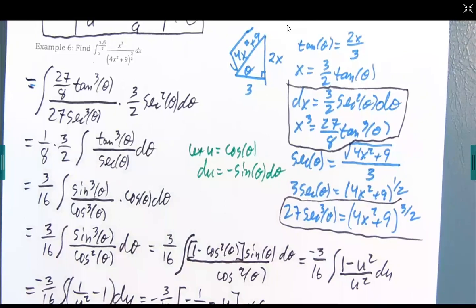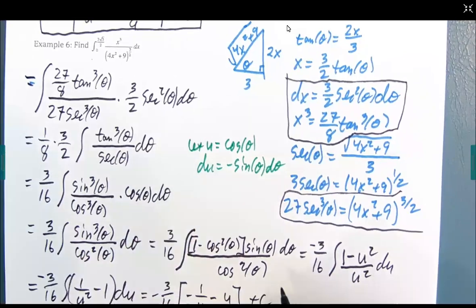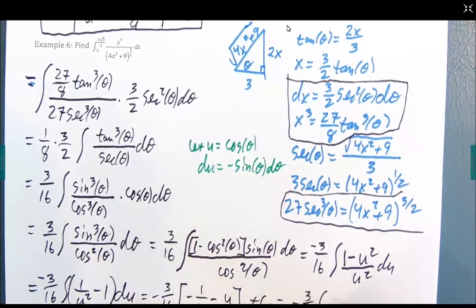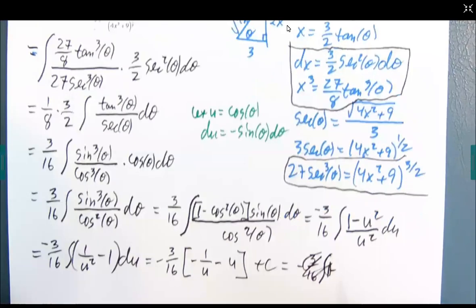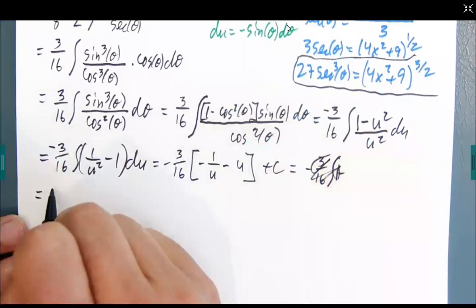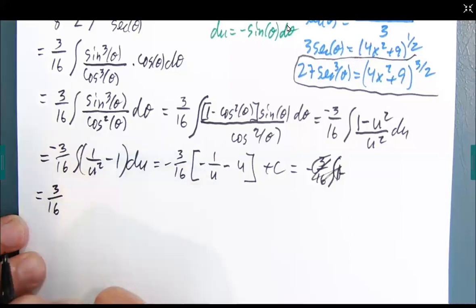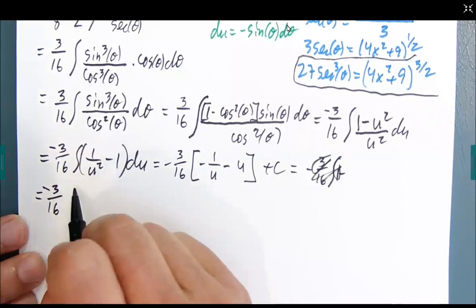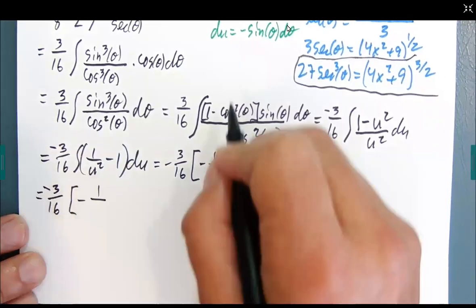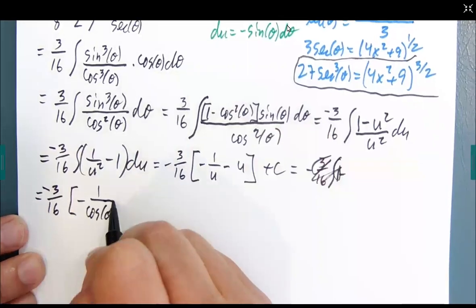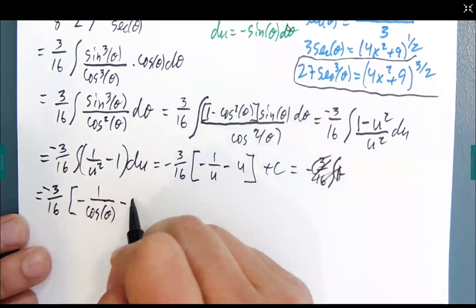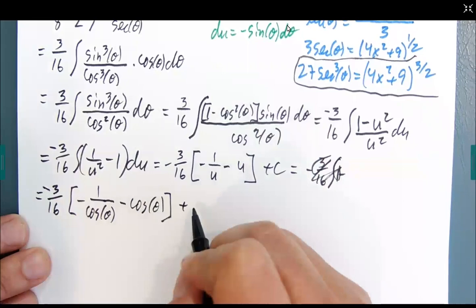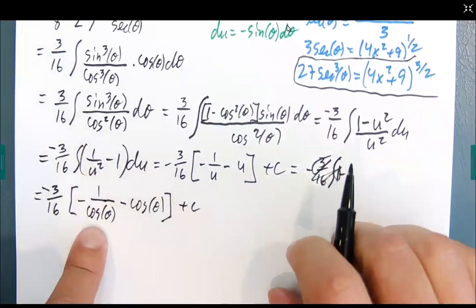All right, and u is cosine. So this becomes negative 1 over u, which is cosine theta, minus cosine theta plus c. 1 over cosine is secant, so I'm going to go all the way back to the triangle.